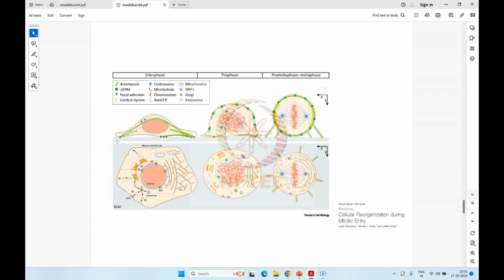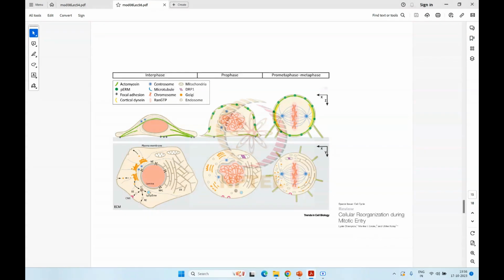Whenever the cells are present on a dish in which they are not embedded in anything, this is called a 2D substratum. Whereas if the cells are embedded in different kinds of materials or extracellular matrix such as collagen or fibronectin, that is called a 3D substratum.